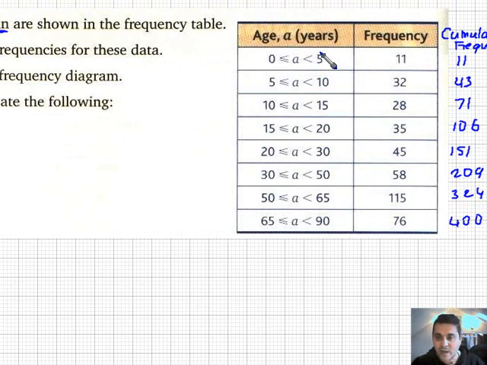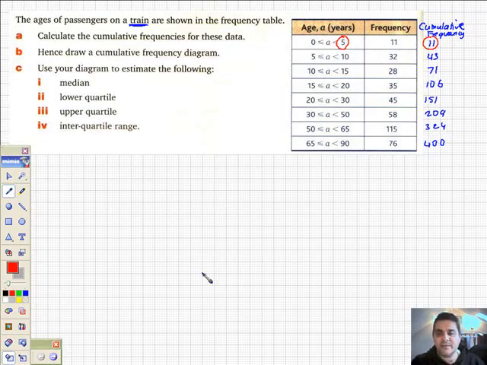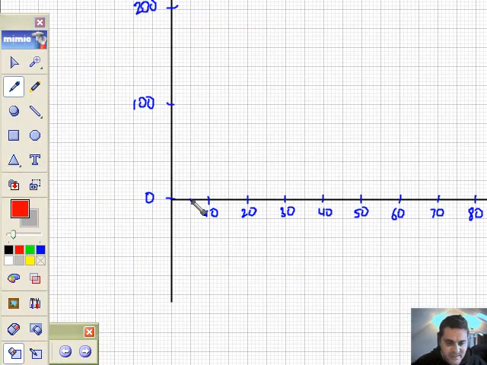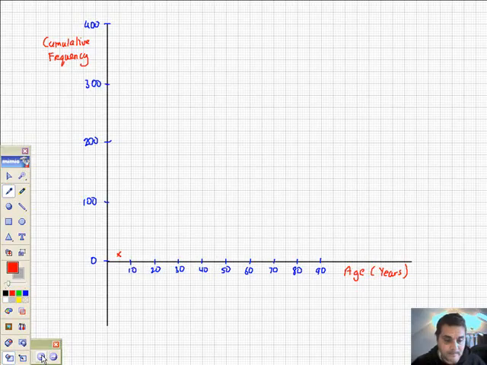So here we go. I've got to do the 5 with the 11. So 5 across, 11 up, if we can do it. So 5 across is there, 11, 20, 40, 60, 80, 100. Well, I've got to play with the scale that I've got. So 5 across, 20 up, 11 is going to be about there where the 10 is, because 10 is roughly where 11 is, and that's the best I can do.